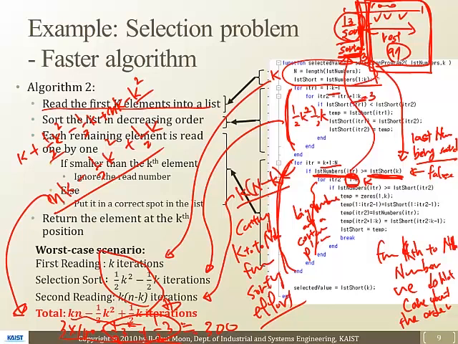And actually, this kind of efficiency is called for in real-world analysis, right? And this is a simple example of how different approaches can result in so much difference in terms of efficiency.